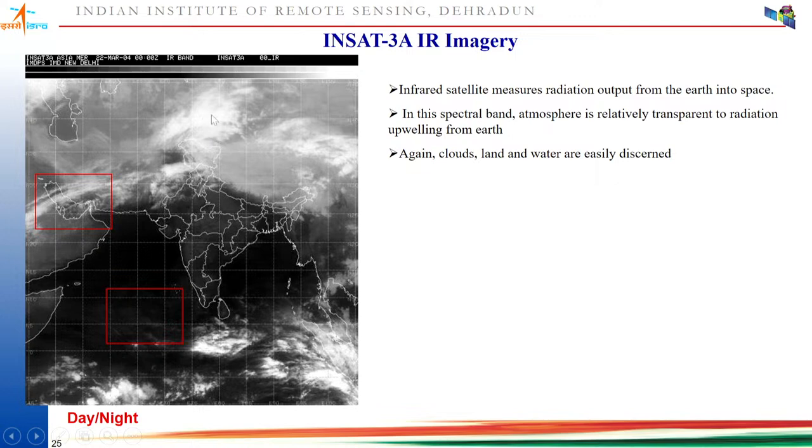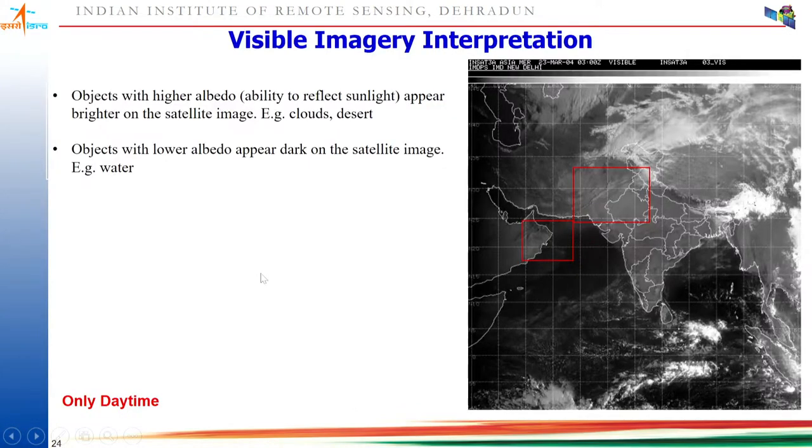It means, what I say is, these clouds will have low temperature and low reflection. So when there is a low temperature, this will be dark, and land will have more temperature, so it will be bright. But our eyes have the habit of seeing clouds as white, so we have inverted this image. Here the actual reflection is more from the cloud, so hence it is white.